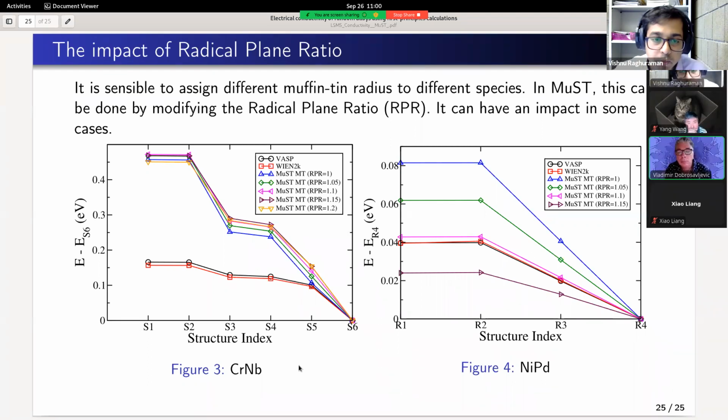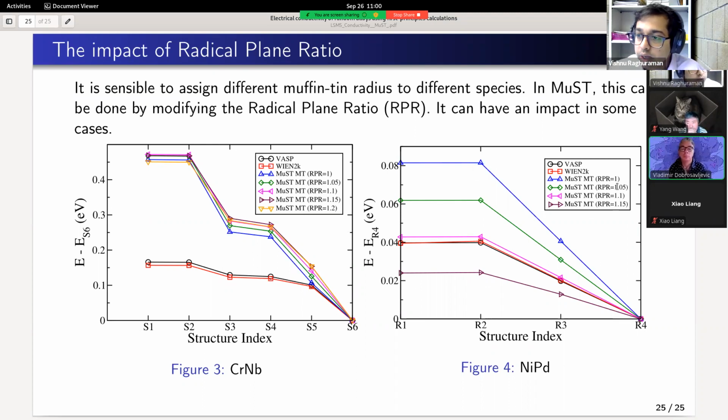So for chromium niobium, it doesn't have an impact really. So changing the radical plane ratio doesn't solve the issue at all. But for nickel palladium, which is an FCC structure, initially, if you look at the muffin tin value with a radical plane ratio 1, which is what it is by default, the mismatch is bad.